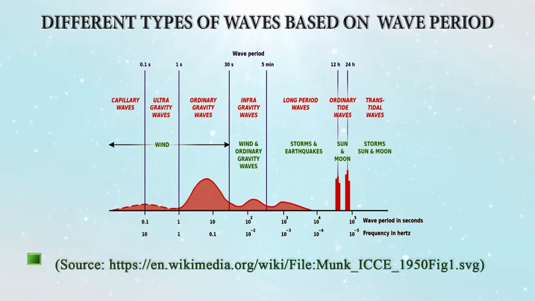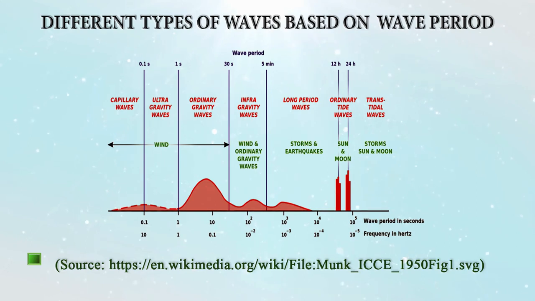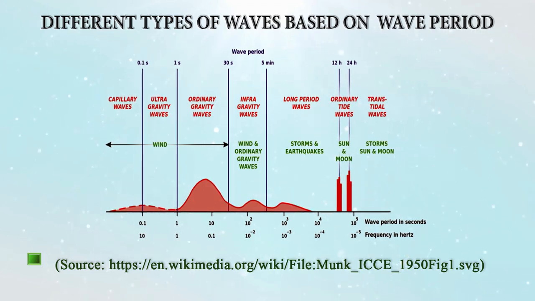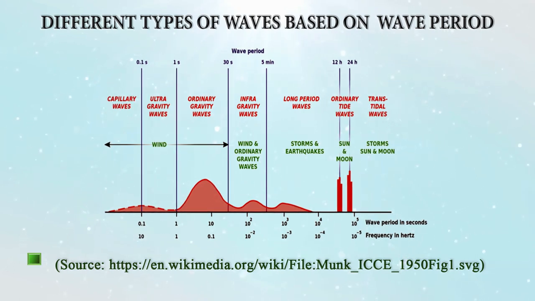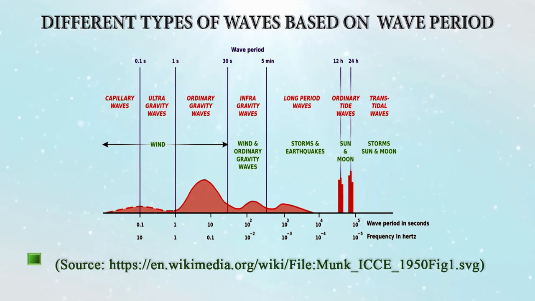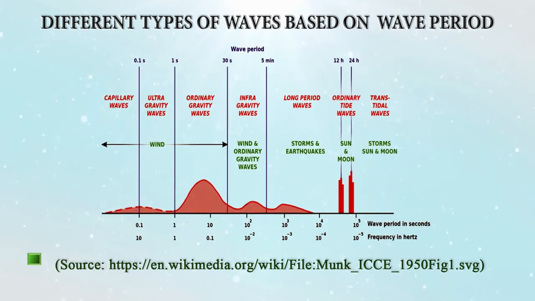In this figure you see the capillary waves have a wave period of less than a second, and then the storm or earthquake waves have a wave period ranging from about tens of minutes to a few hours, and then you come to tides, which have a wave period of about 12 hours, 24 hours and even higher.